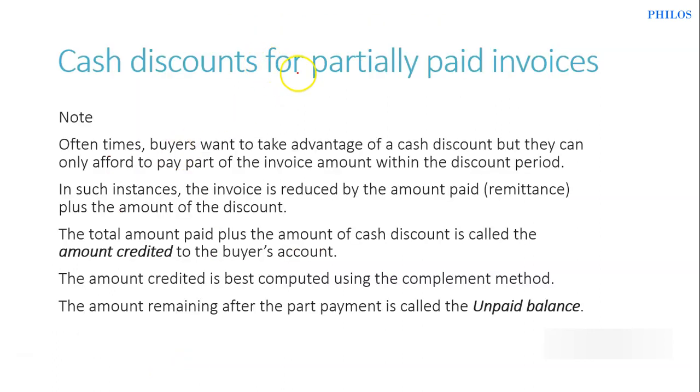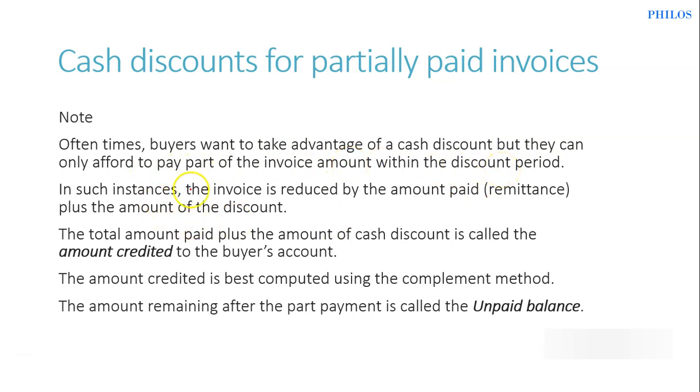So let's look at cash discount for partially paid invoices, and let's take this note on it. For partially paid invoices, oftentimes buyers want to take advantage of a cash discount, but they can only afford to pay part of the invoice amount within the discount period.